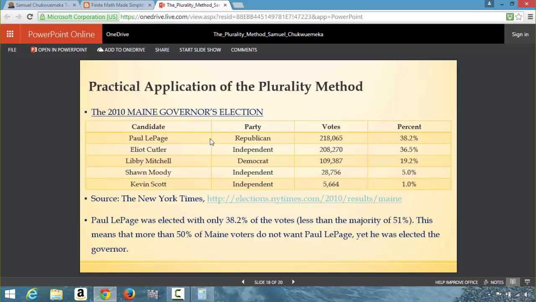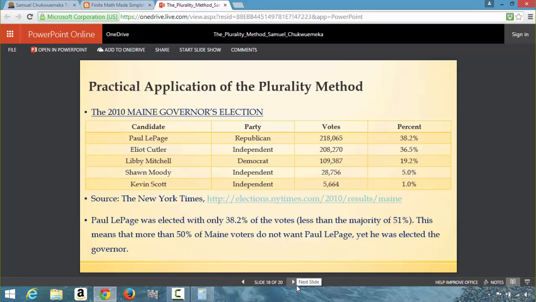Yet he won. That is one of the disadvantages of the plurality method. He is not a majority candidate, but he is the plurality candidate, with less than the majority of 51%. So he was elected, though more than 50% of Maine voters don't want him. That is the plurality method. We are looking for the majority of first place votes, not necessarily the majority candidate. That is the problem. Yet this is widely used.